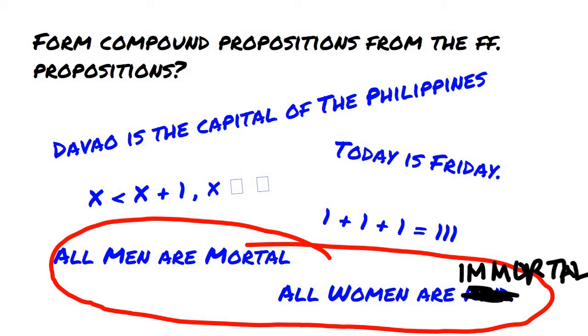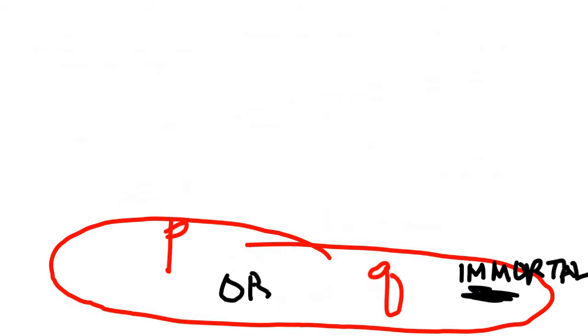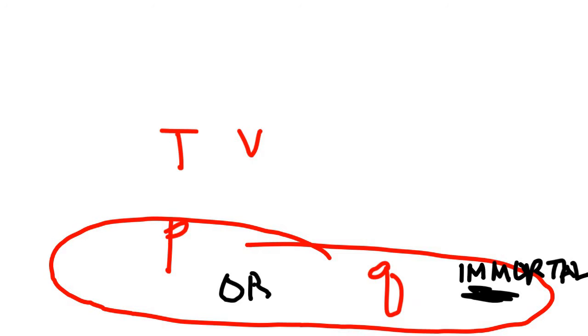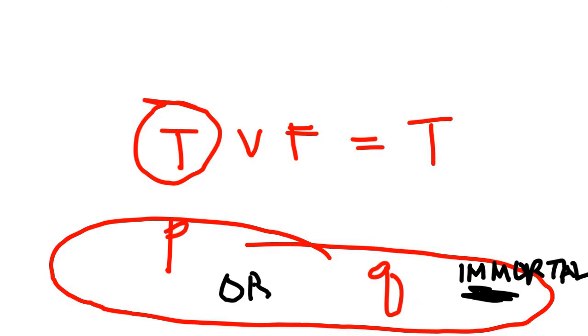Let's use the connective OR, and the same drill, P or Q. We know that P is true, and Q, all women are immortal, is false, giving us still true, because the first proposition is true.